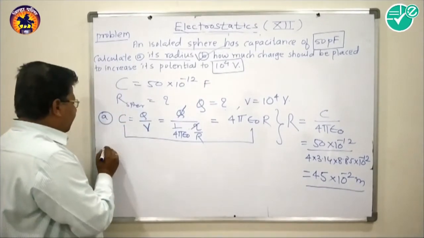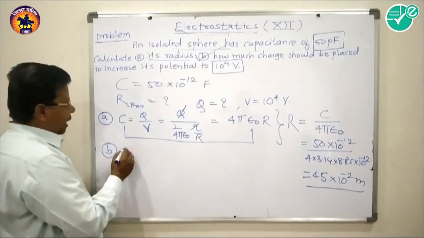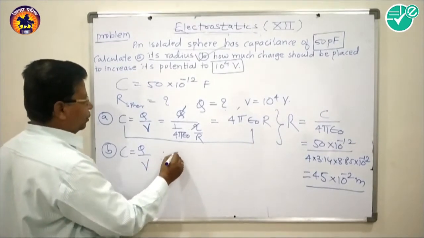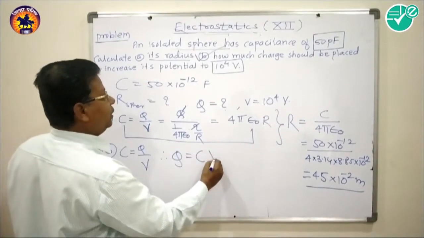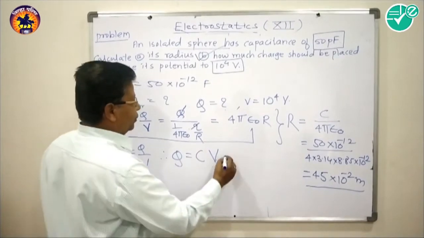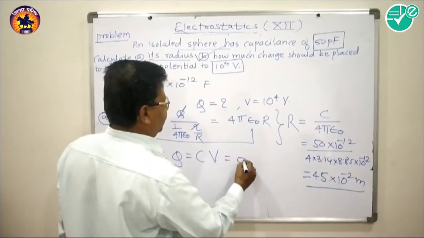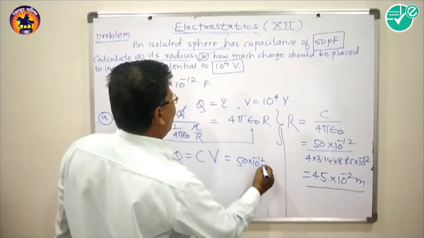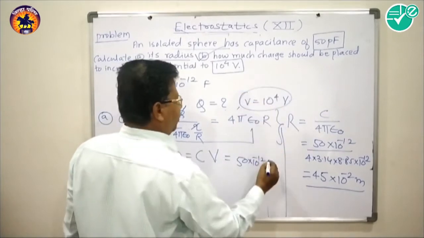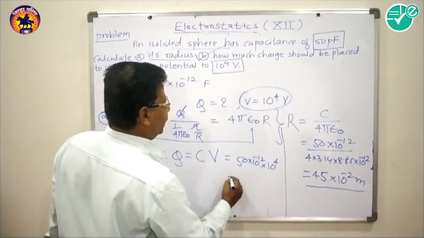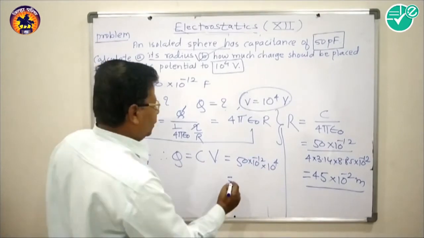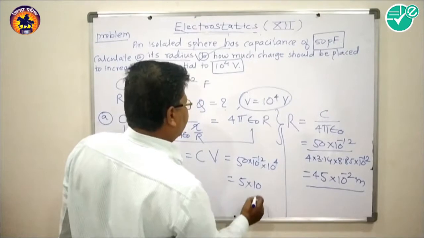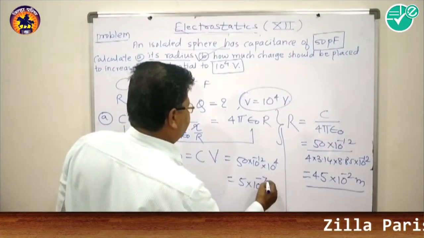Again, to find charge, we know that C is equal to Q by V, and therefore Q is equal to C into V. The value of C is 50 into 10 to the power minus 12, and the value of potential is 10 to the power 4, and we get the value 5 into 10 to the power minus 7.